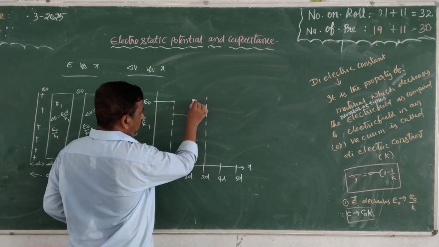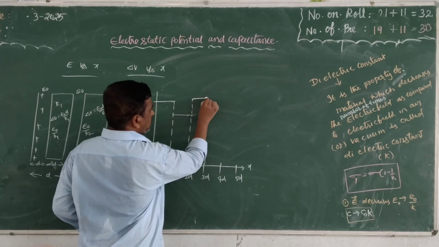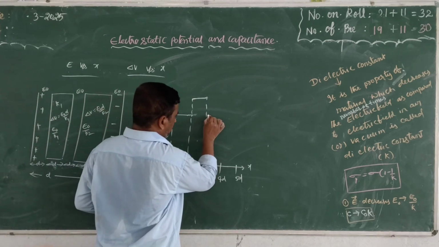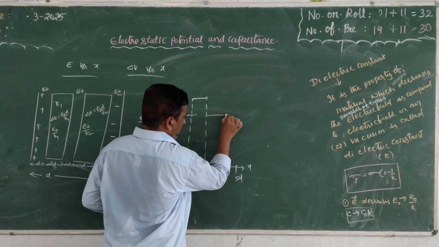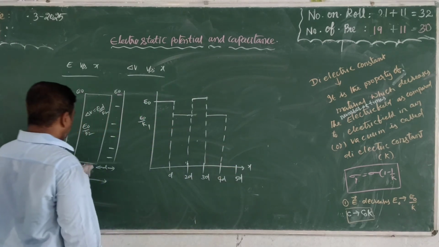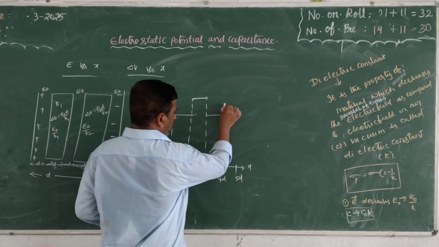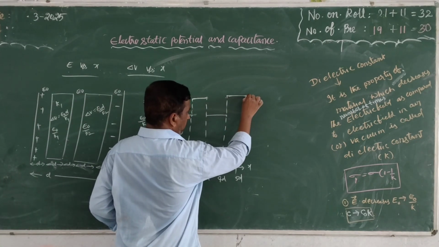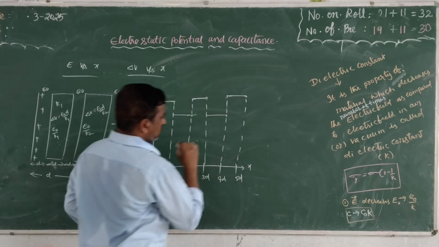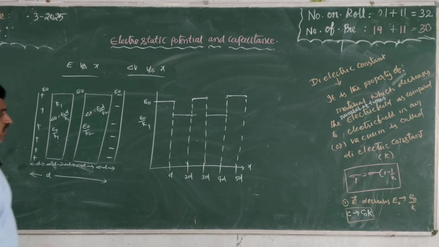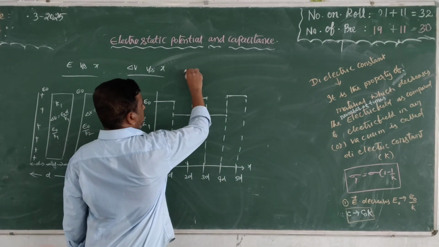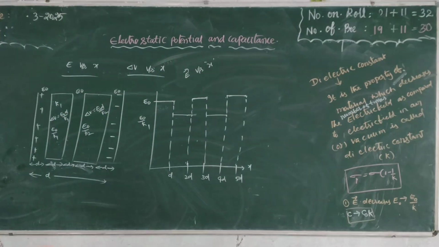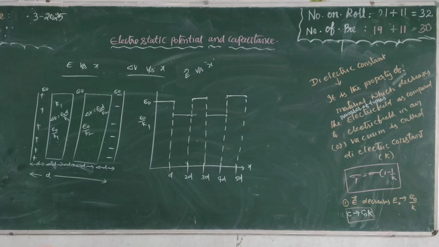Where a dielectric is present, it changes; where there is empty space, it is again maximum. So this is the graph of electric field versus x distance.